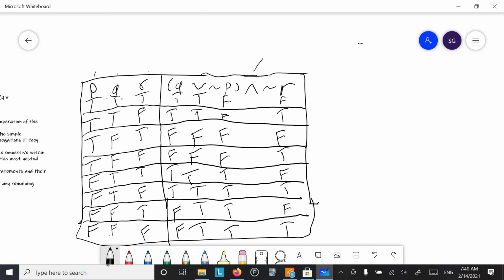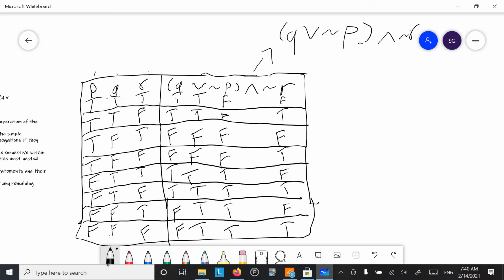So again, it is the entire statement: Q, disjunction of negative P, and then the conjunction of negative R. Okay, is the disjunction of Q and negative P in conjunction with negative R true or false?